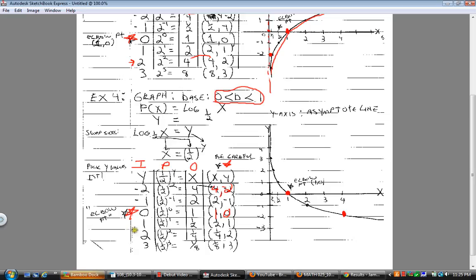Turn around here and pick up +2 for the y. 1/2 squared equals 1/4. Ordered pair is 1/4 comma 2. Now you're at 1/4 and you're coming up to here approximately. And guess what? The y-axis is your asymptote like I did before.